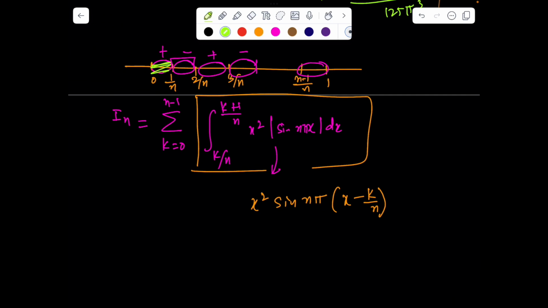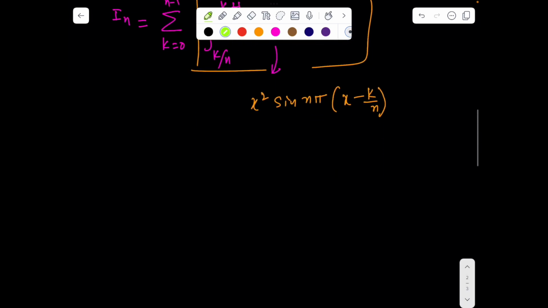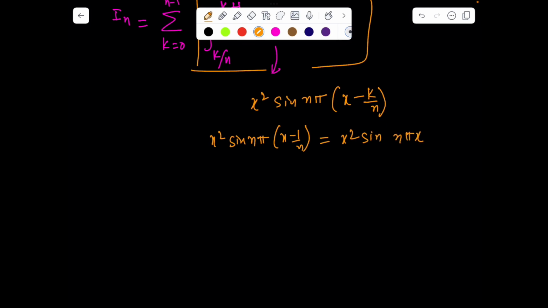If I take the value of k as 1, that gives me x square sine of n pi times x minus 1 by n. So that will evaluate to x square sine of n pi x minus pi, in which you can clearly see sine of theta minus pi is going to be minus sine of pi minus theta, which is minus sine theta.